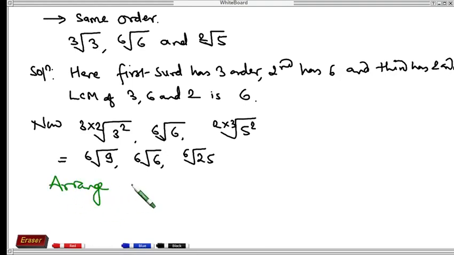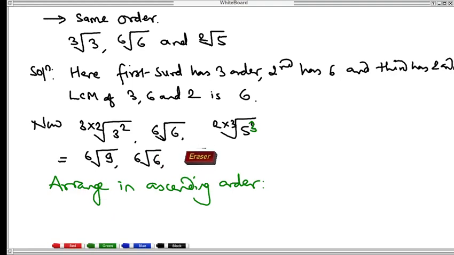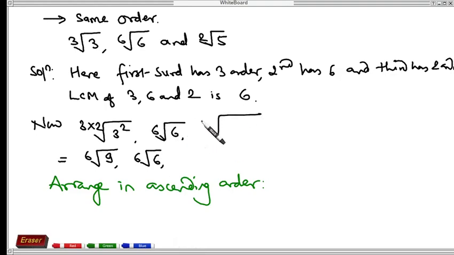Furthermore, dear students, we may have to arrange them in order. Suppose we have to arrange in ascending order.